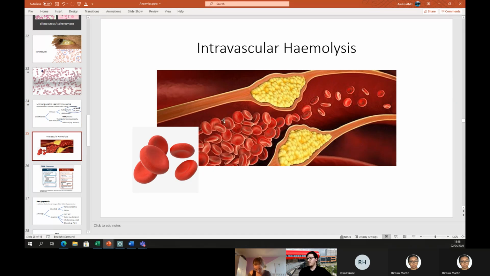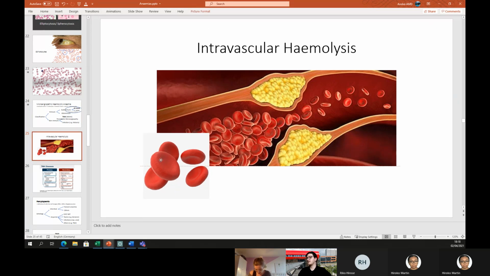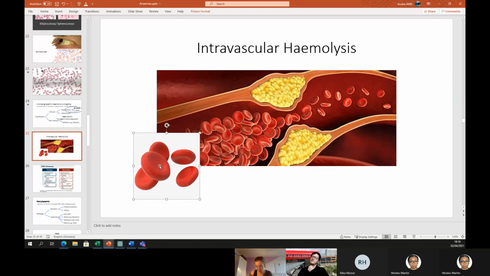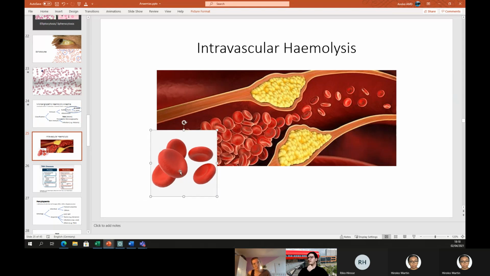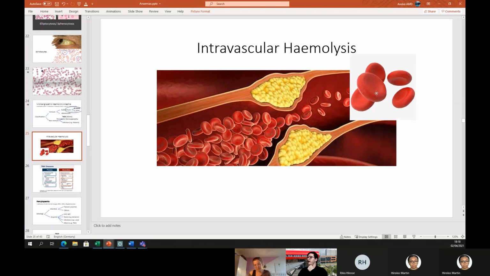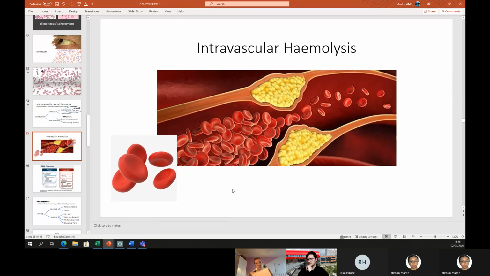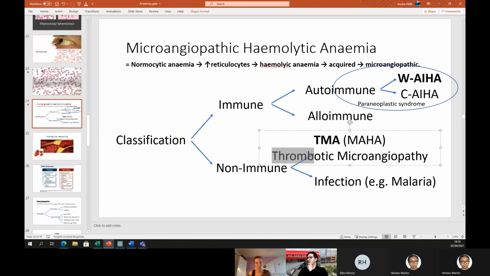So once again, we're back to this slide. Intravascular hemolysis. We mentioned microangiopathic hemolytic anemias. Well, in microangiopathic hemolytic anemias, the mechanism is pretty similar. Bang, crash, and then destroyed. So as I said before, this TMA, thrombotic microangiopathy, is actually a group of diseases.